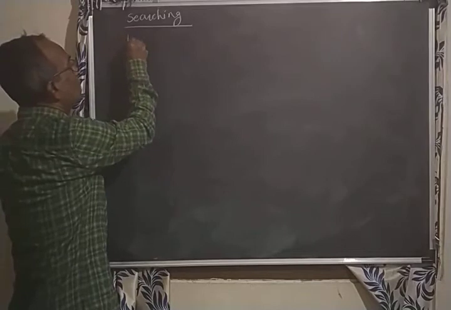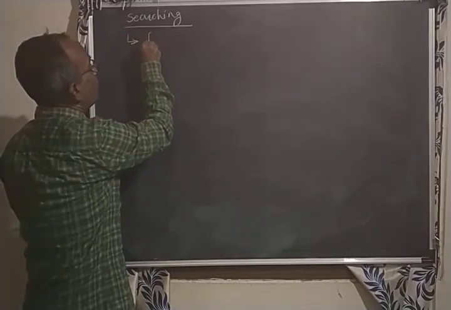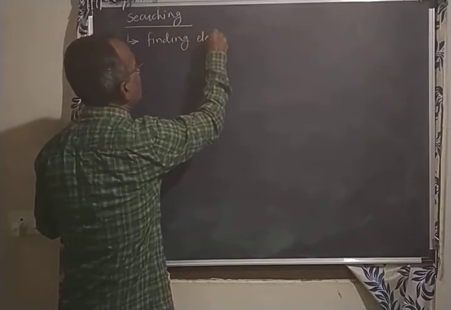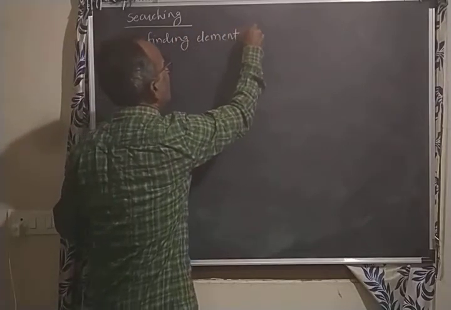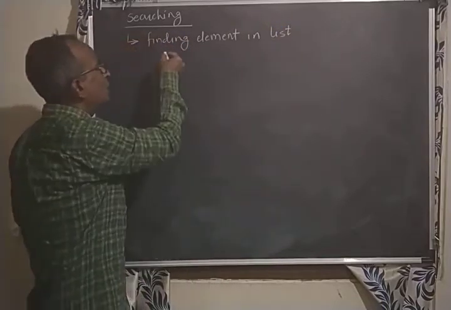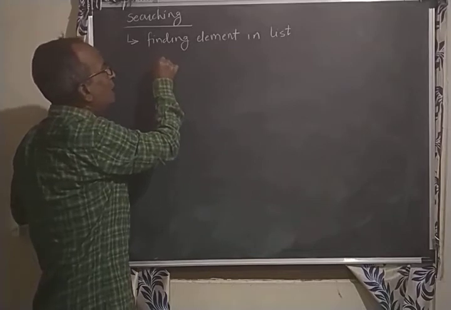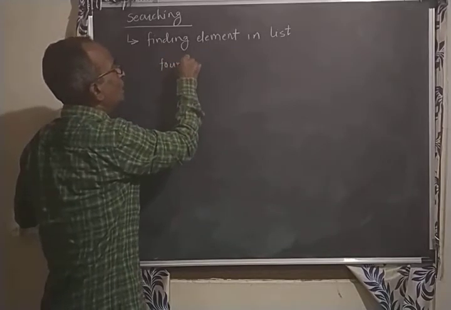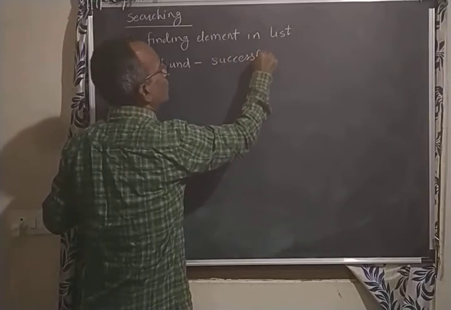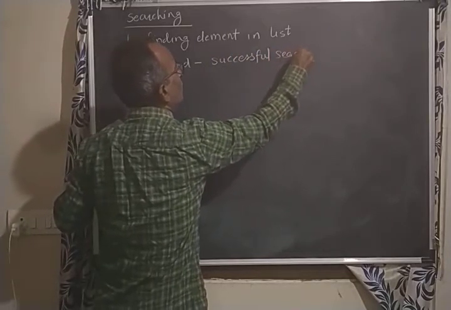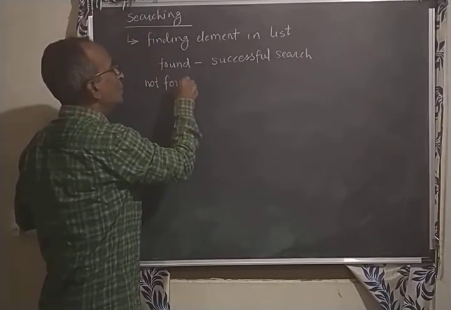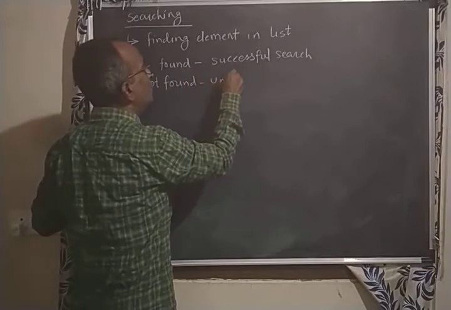And what exactly is searching? It is finding some element in a given list. And if the element is found, we say that is a successful search, or else if not found, we say unsuccessful.